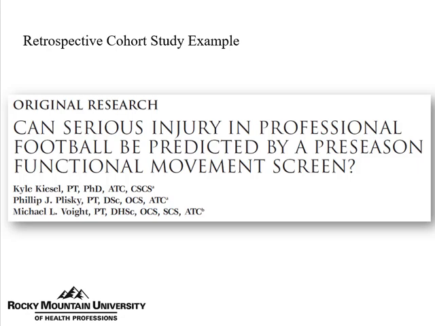So, was it prospective? Was it retrospective? Doesn't say in the abstract either. You've got to dive into the article to find out that the authors here were not the individuals who were collecting the data. It was collected by, if I remember correctly, a strength and conditioning professional for the football team.